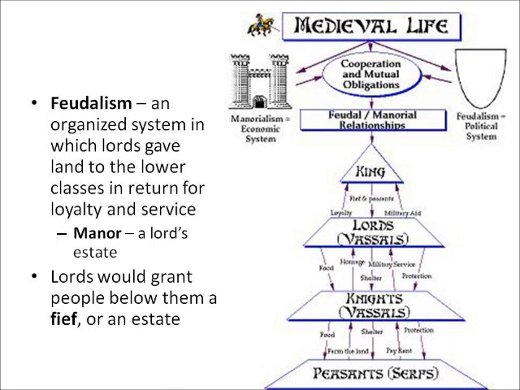The lords then give land to the knights, and the knights we'll talk about in a minute. They're the military on a feudal system, and the lords will give them food and shelter and protection, and in return the knights have to give the lords, again, honor and loyalty as well as military service whenever they need it. Then the knights will give some land to the peasants, which is the lowest class of people, and they will also give them food and shelter and protection.